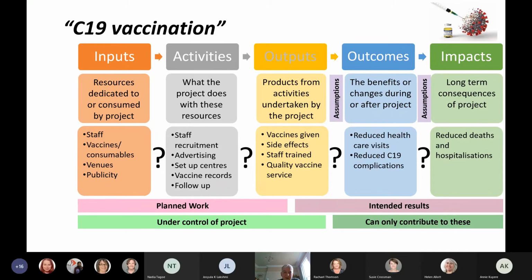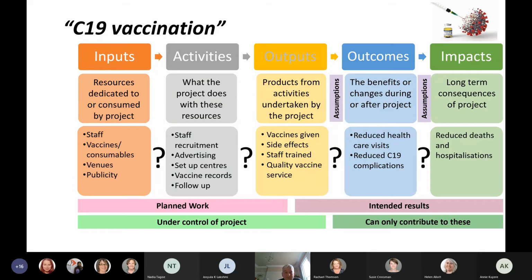So if you want to think about the assumptions between those two, you're making an assumption that if you give vaccines, you're going to have reduced healthcare visits. So what are the things that are in that gap? How will you get reduced healthcare visits just by giving vaccines? And you need to think about all the things in there that might affect your outcome.